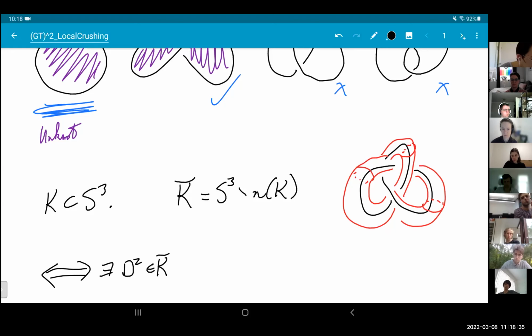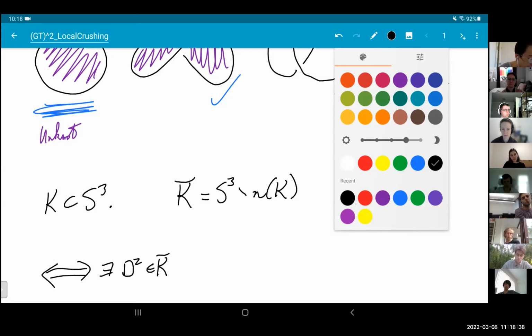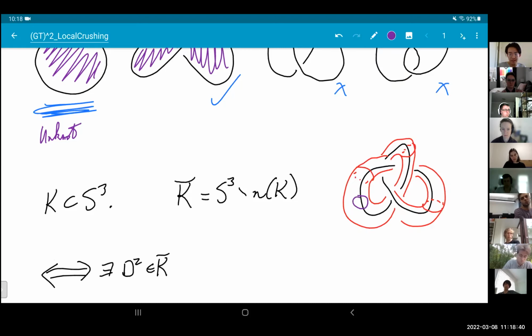There are boring disks where the boundary is just like that, and that doesn't tell you anything. So we want the boundary of this D2 to be non-trivial. By that I mean, once we've deleted this neighborhood of the knot, we get some torus boundary, and we want a non-trivial curve on that torus boundary. That's what we're looking for.